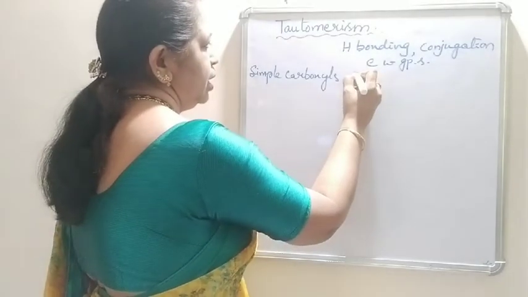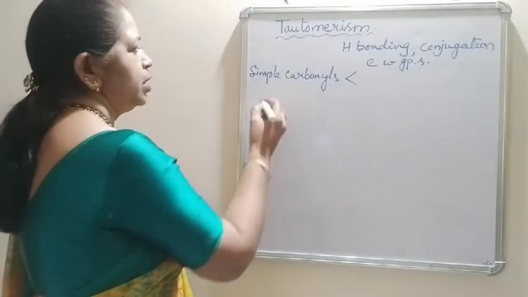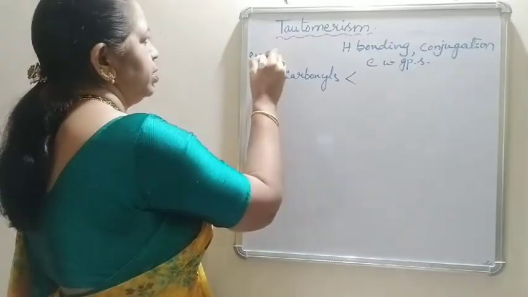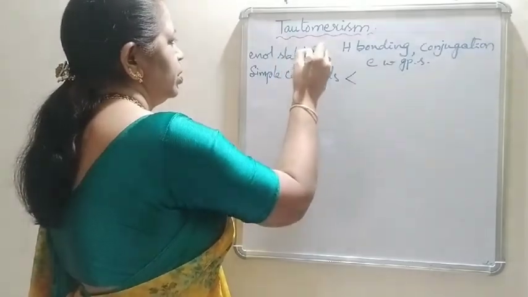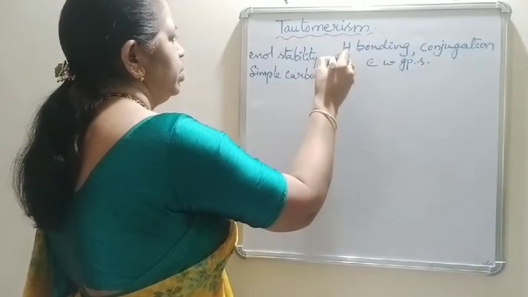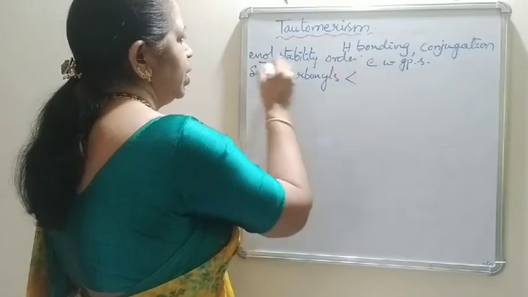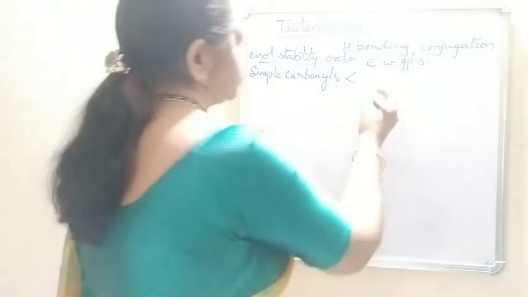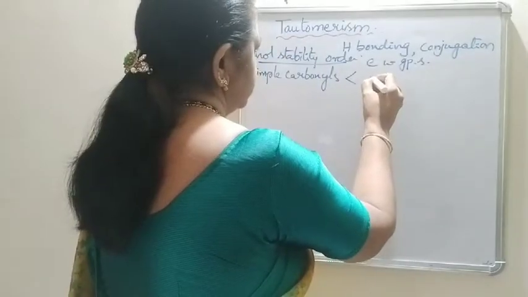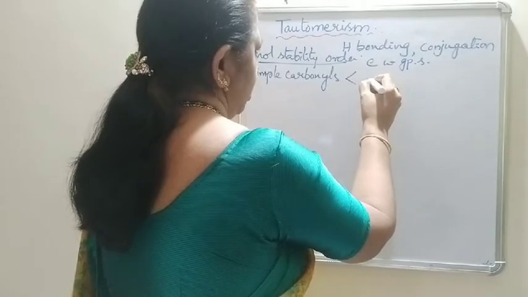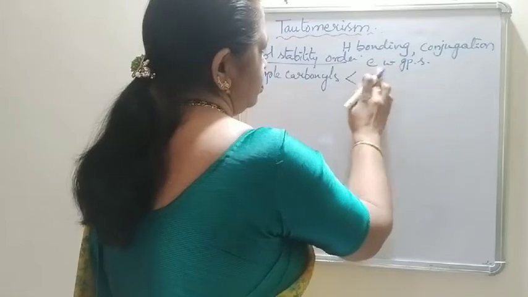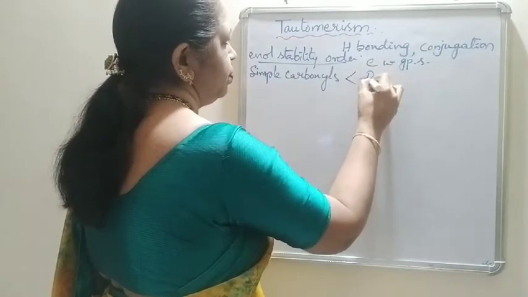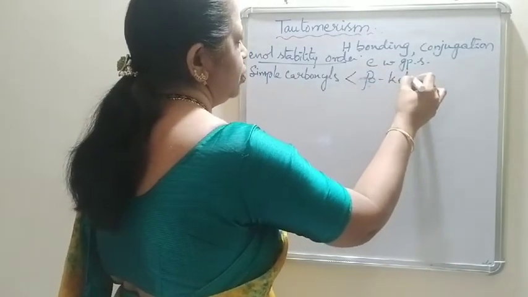This is the enol stability order I am writing. Next come beta keto esters.